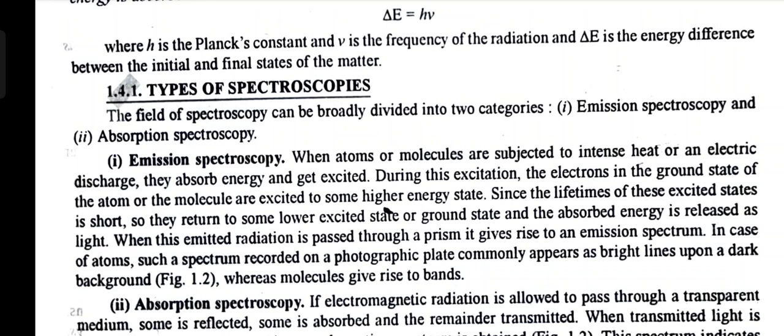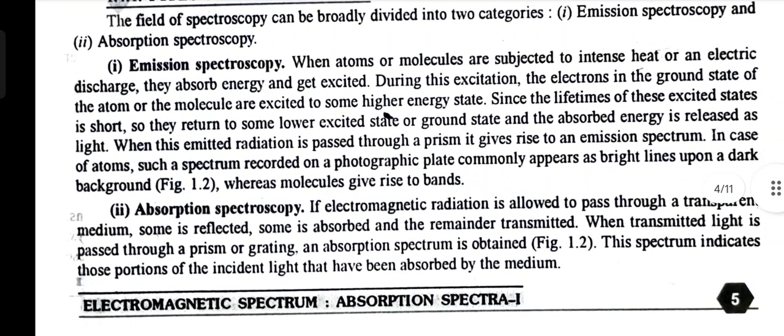Since the lifetimes of these excited states are short, they return to some lower excited state or ground state, and the absorbed energy is released as light. When this emitted radiation is passed through a prism, it gives rise to an emission spectrum. In case of atoms, such a spectrum recorded on a photographic plate commonly appears as bright lines on a dark background, whereas molecules give rise to bands.